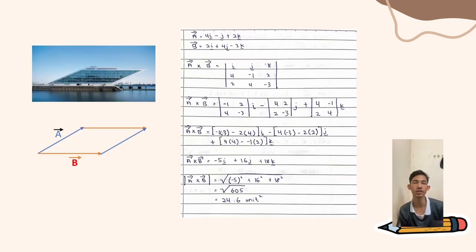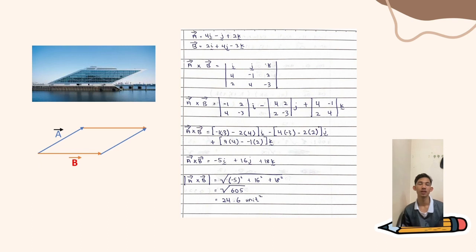Okay, for the next question, how to find the area of a surface? Let's say vector A equals 4i minus j plus 2k, and vector B equals 2i plus 4j minus 3k.